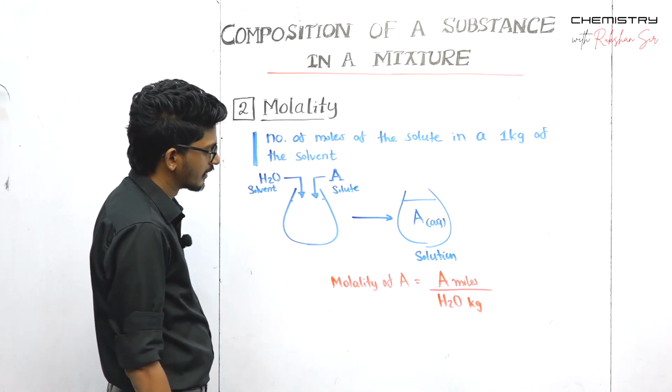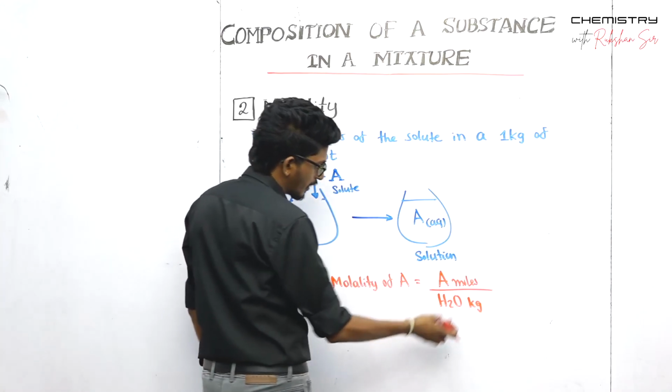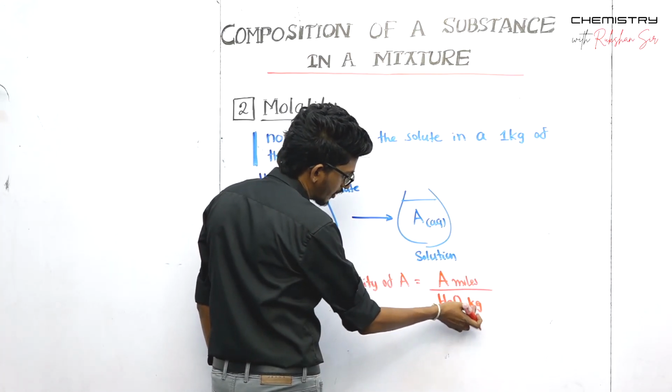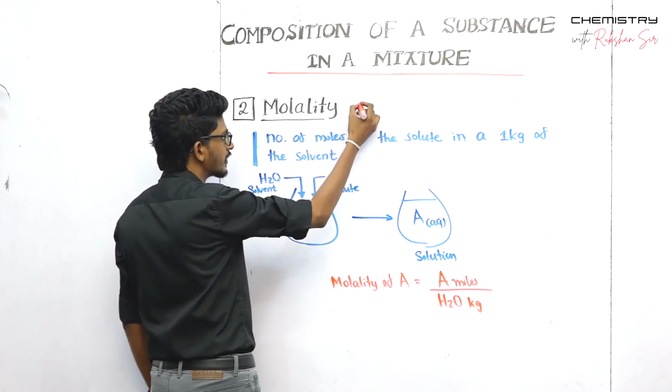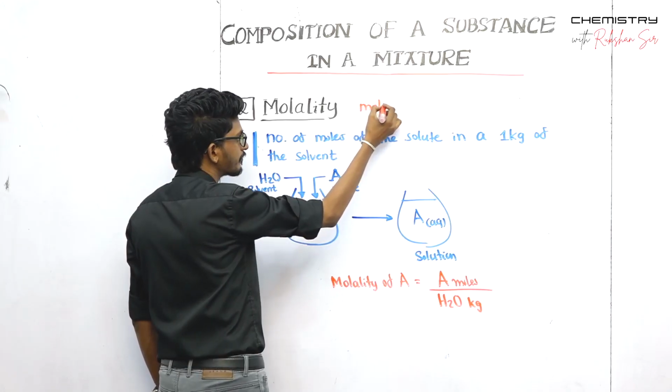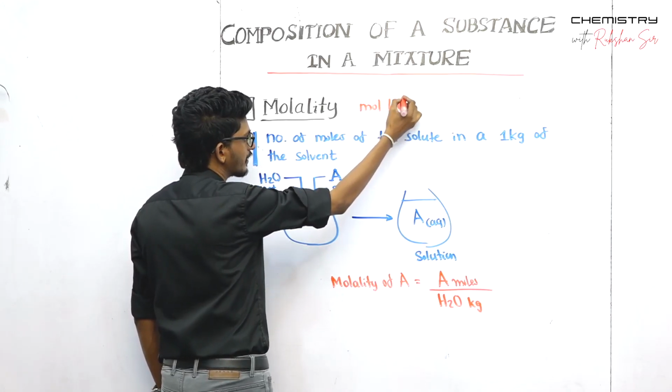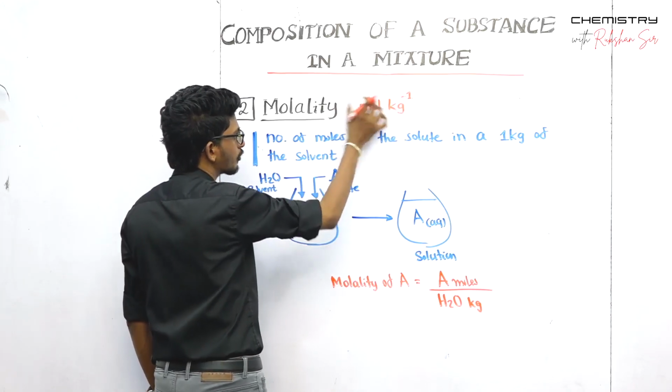So basically, molality is given in terms of moles per kilogram. So the unit of molality is moles per kilogram.